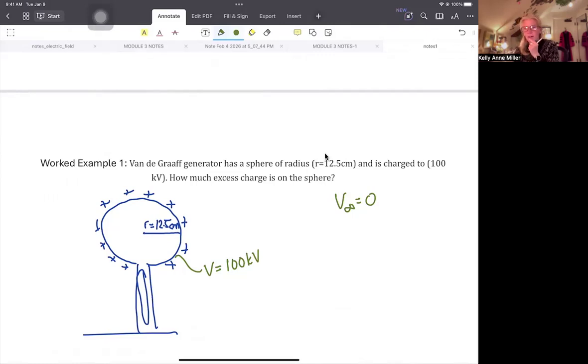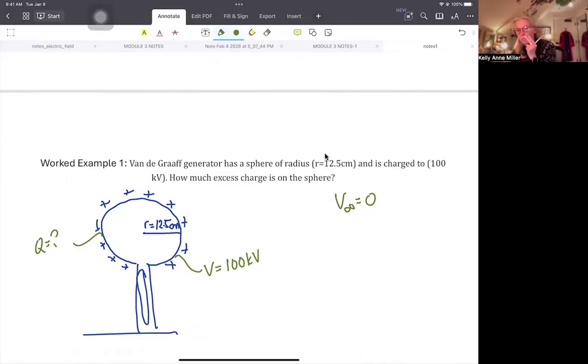And we want to know how much charge, how many coulombs of charge, have accumulated on that sphere. So the potential on the surface, and this is important, is the same as if that charge was located at the center of the sphere.